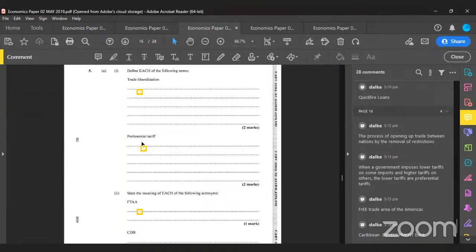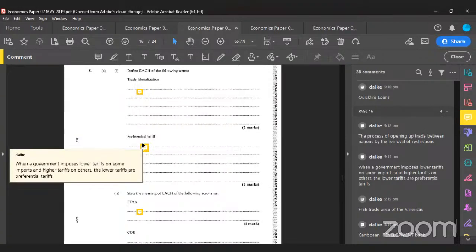Preferential tariff is kind of like the opposite. So this occurs when a government imposes lower tariffs on some imports and higher tariffs on others. The lower tariffs would be the preferential tariffs. So for example, let's say that Jamaica wants to export bananas to America, but we cannot compete with other banana producers in the world.